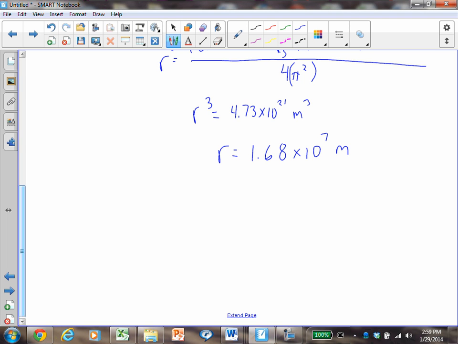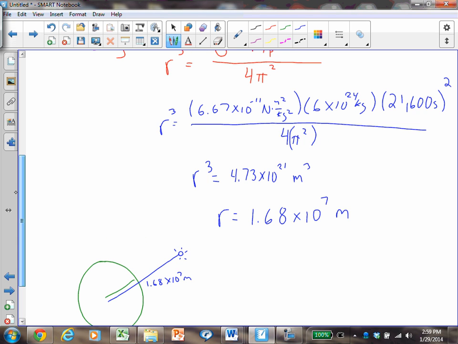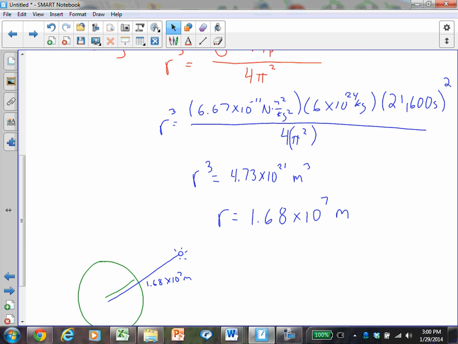Right, so we have Earth, and right now we have this squared.